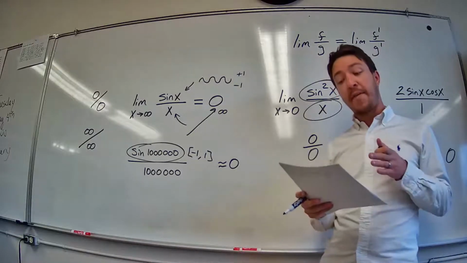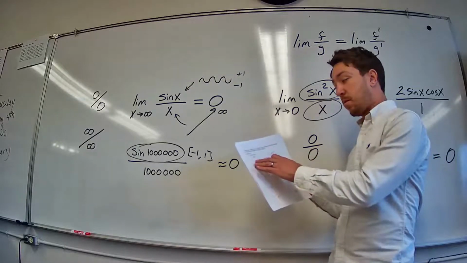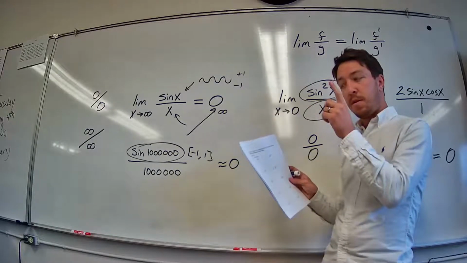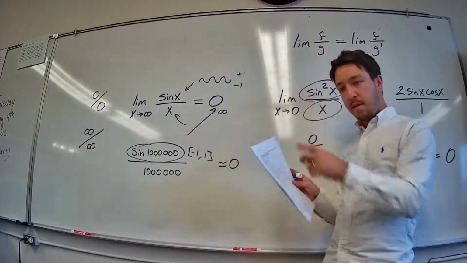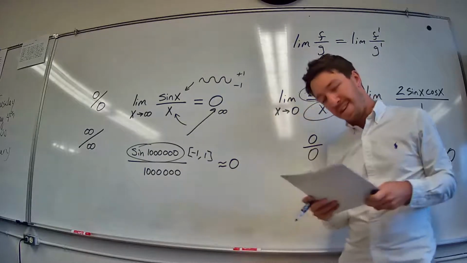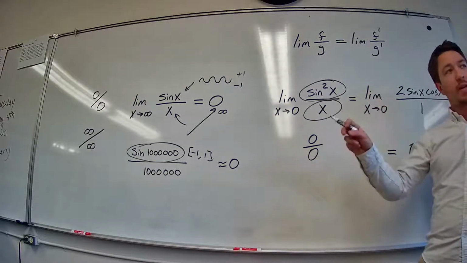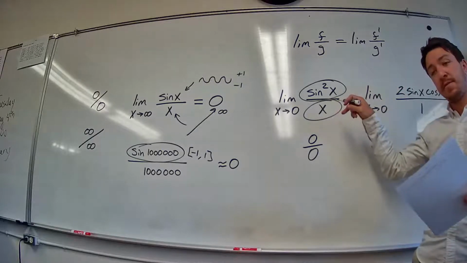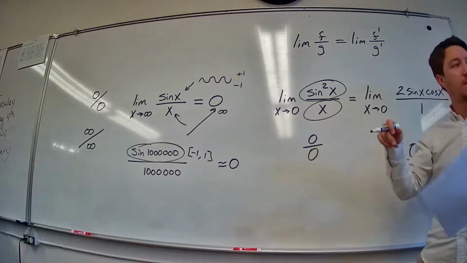Now, here's the thing. There's some interesting stuff happening there if you compare that to the first question, because the first question had an answer of 1. How come it's now 0 when you squared the numerator? Well, you kind of made the numerator stronger by squaring it, and so that top now is approaching 0 faster, thus pushing the limit to 0 instead of 1. Does that make sense?